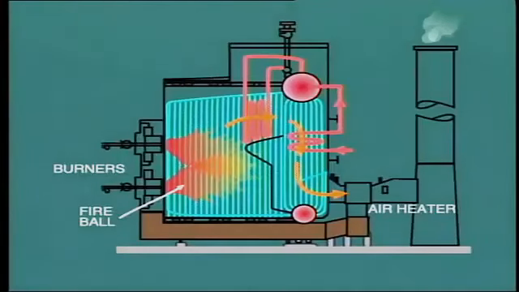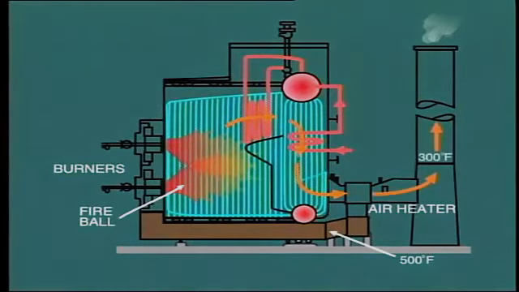The combustion air leaves the air heater at a temperature of about 450 to 500 degrees Fahrenheit. Meanwhile, the combustion gas exits at a temperature of about 300 degrees Fahrenheit. In the most simple arrangement, exit gas from the air heater passes directly into the chimney and exhausts to atmosphere.